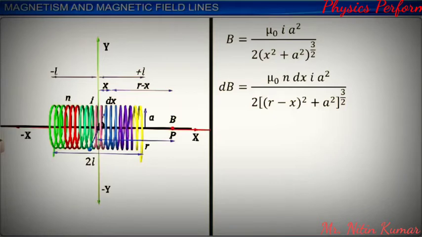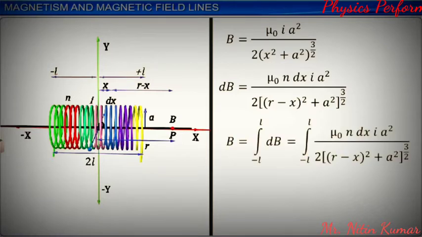Thus, the total magnetic induction at the point P due to the solenoid is B equal to the integral from minus L to L of dB, that is equal to the integral from minus L to L of mu naught n dx I a squared by 2 into ((r minus x) squared plus a squared) whole power 3 by 2.